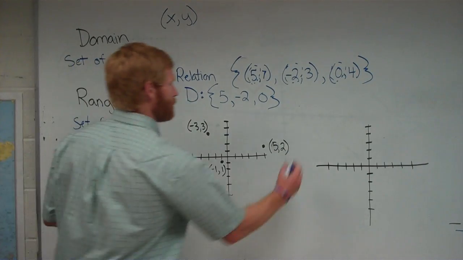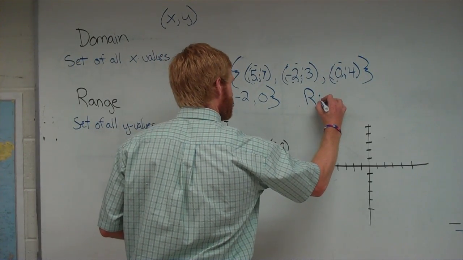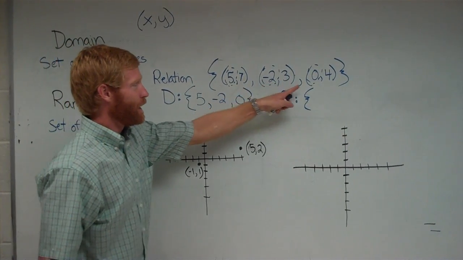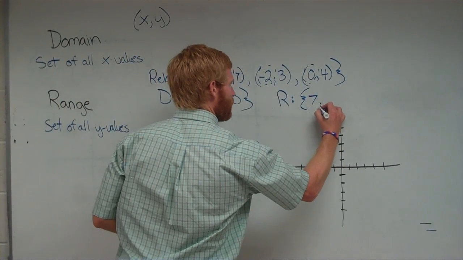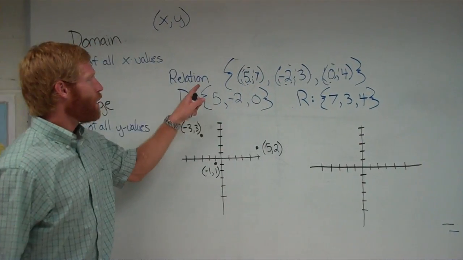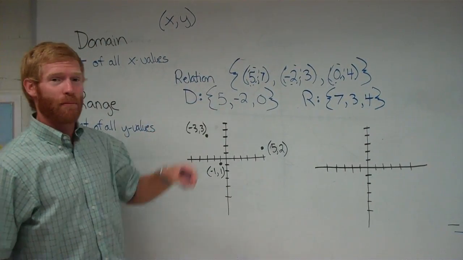For the range, 7, 3, and 4. This is one way we're going to ask you to identify domain and range.